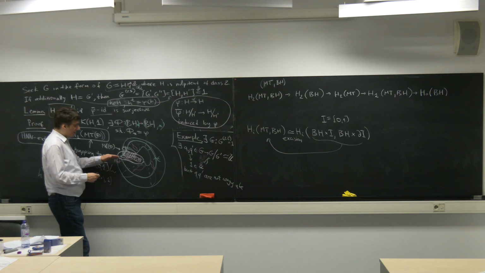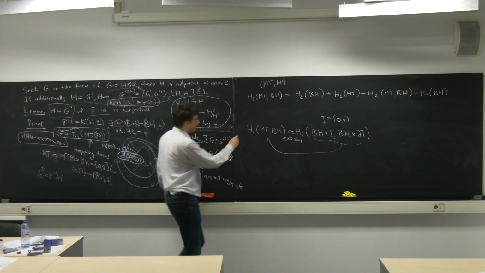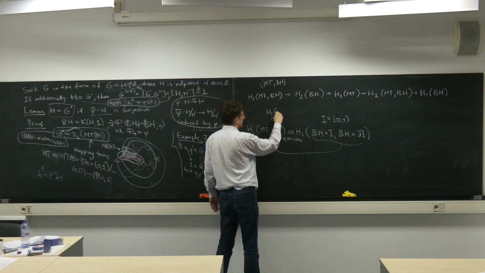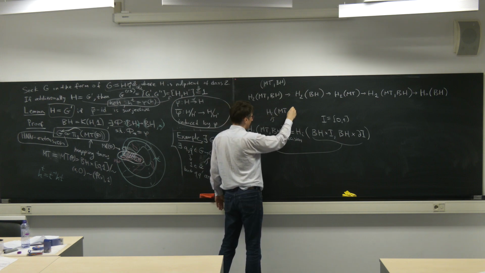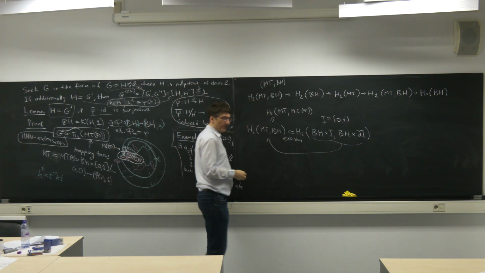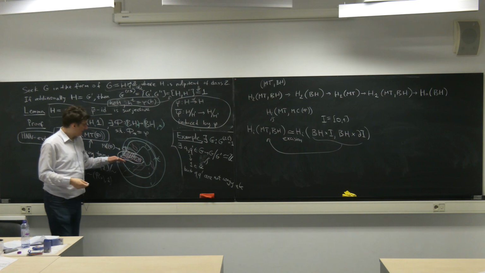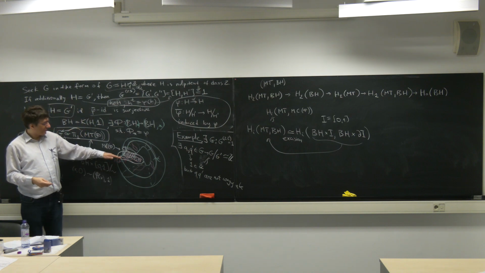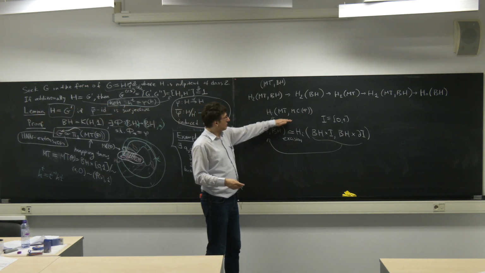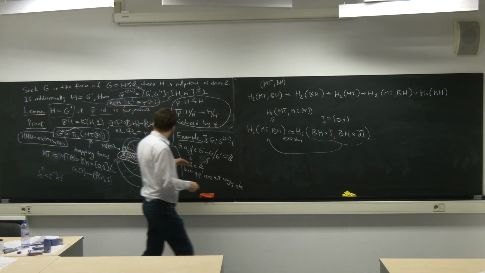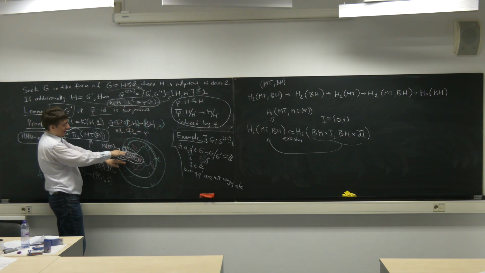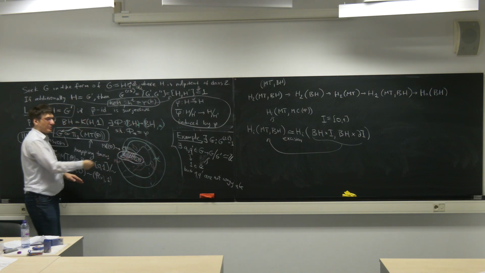Now, I can certainly write that this is isomorphic to HI of (MT, mapping cylinder of phi). This is from the homotopy axiom, because this pair is homotopy equivalent to this pair. You can write down such a homotopy which makes this deformation retraction and then extends it to the entire mapping torus.